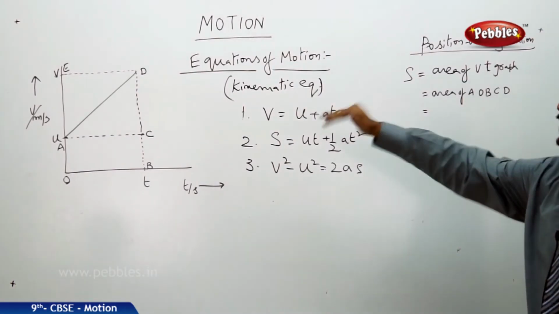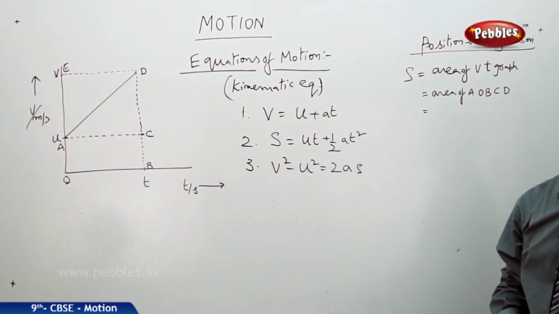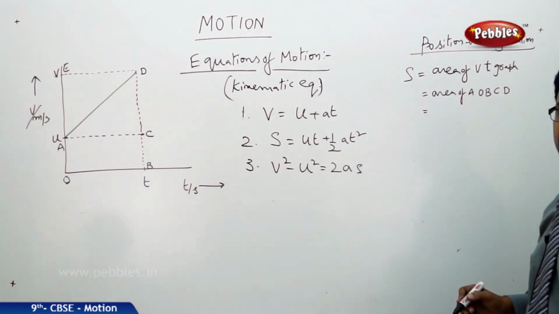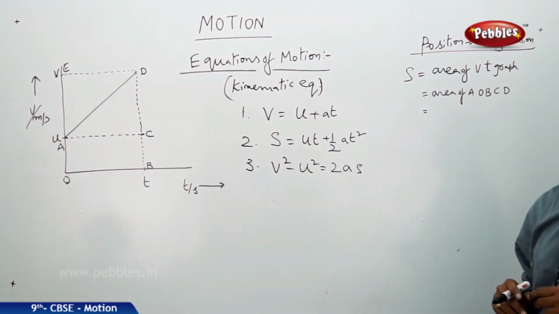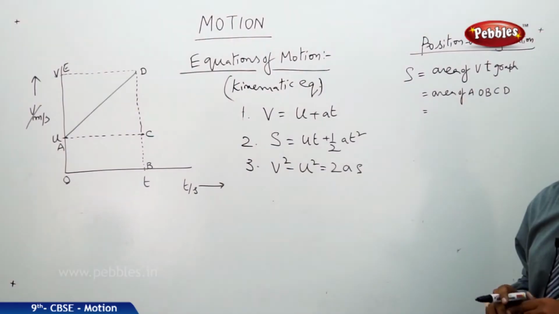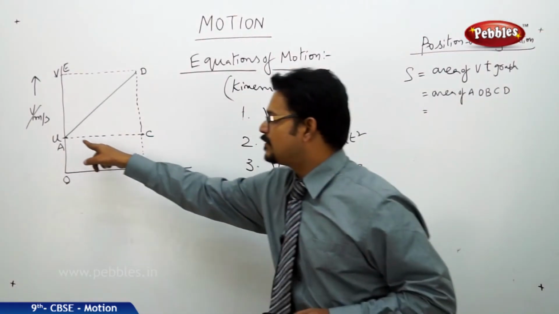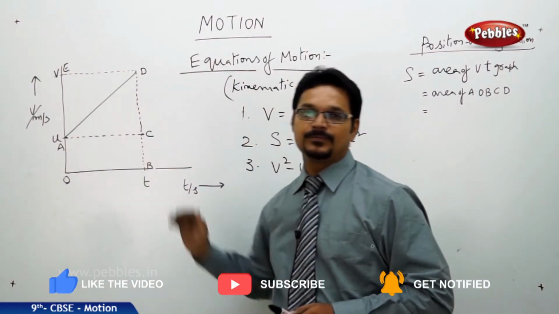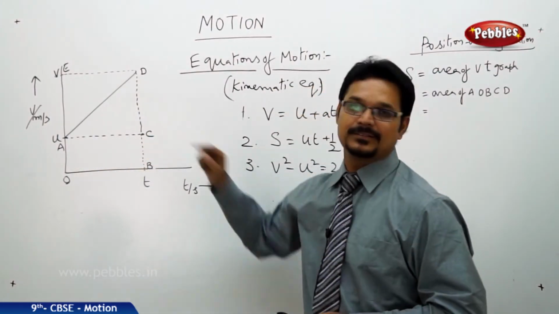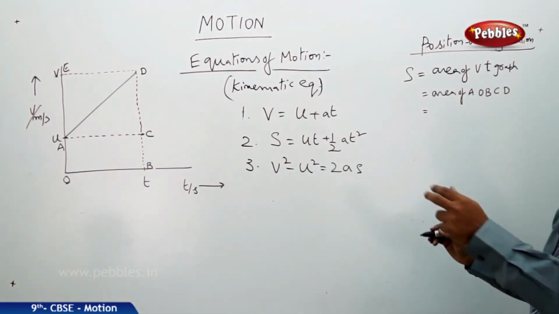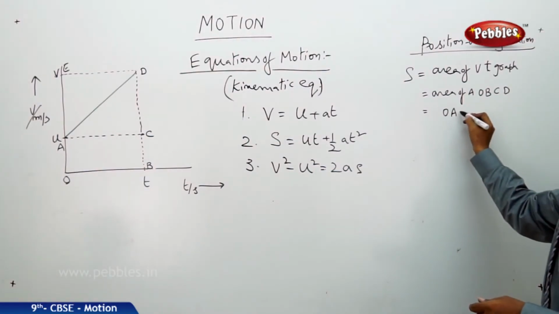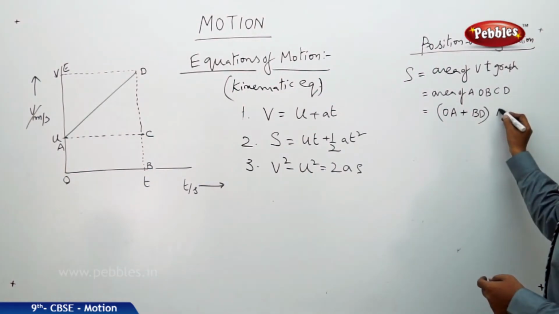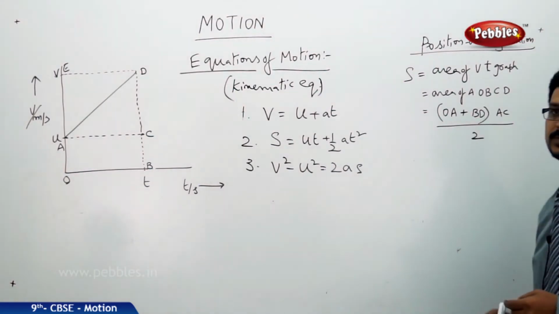I am seeing the shape as a trapezium. The trapezium formula is the sum of the opposite sides into height divided by 2. One side is OA, the other side is DB, and the height is AC. So (OA plus BD) into the height AC, whole divided by 2.